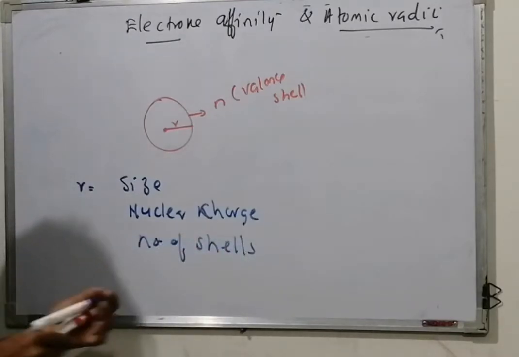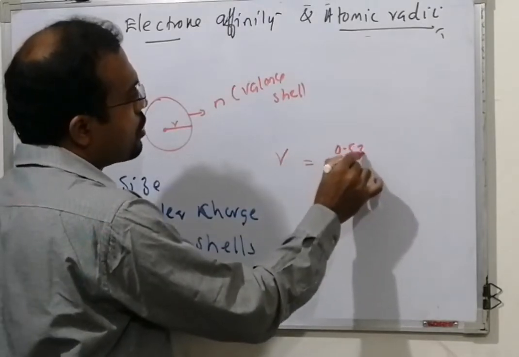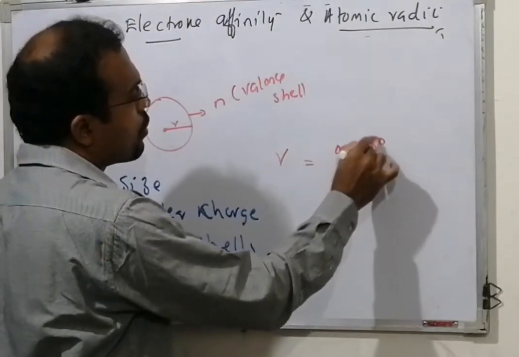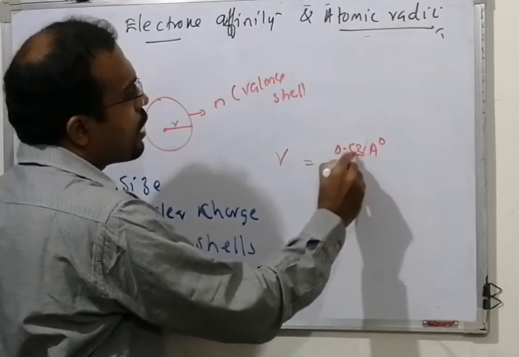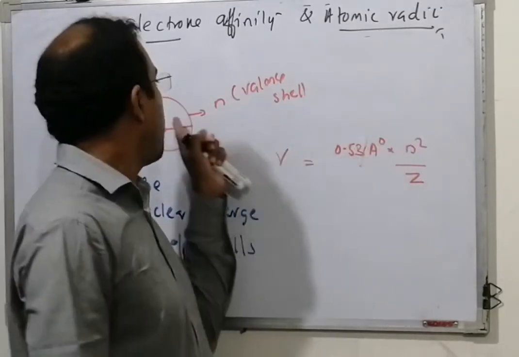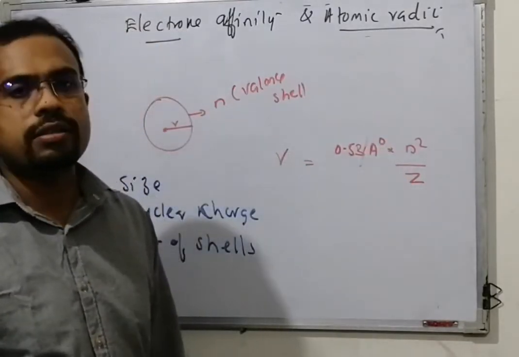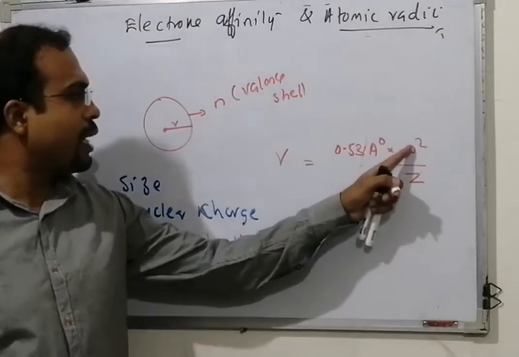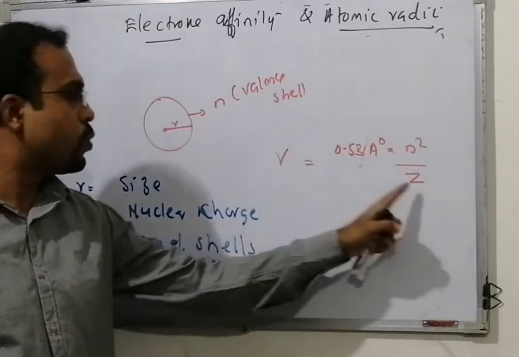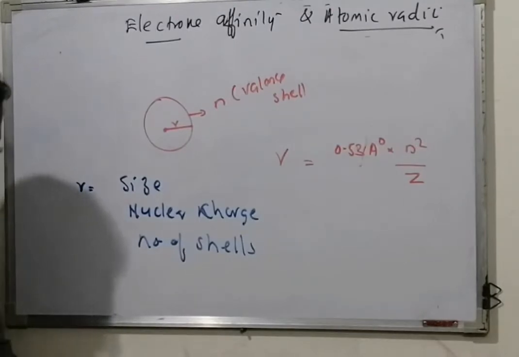In the chapter on atomic structure, you know the radius is equal to 0.529 angstrom times n squared by Z. What is n? The number of the valence shell. What is Z? The nuclear charge. Therefore, when the number of shells increases, radius increases. When nuclear charge increases, radius decreases.